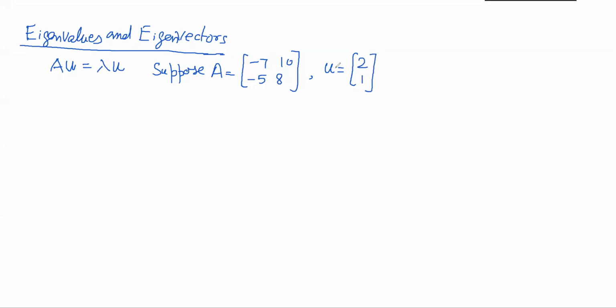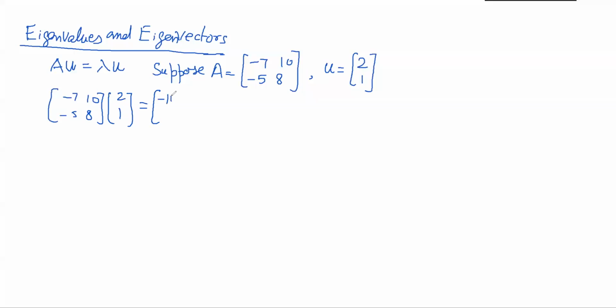So verify that U is an eigenvector. If we want to verify it, then we will multiply A with U. So matrix multiplication: minus 7, 10, minus 5, 8, times 2, 1.